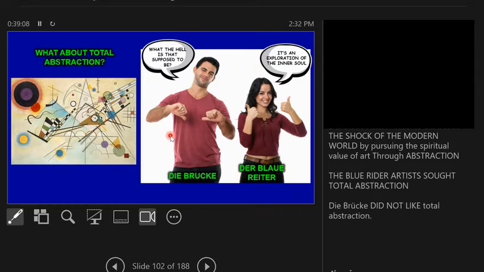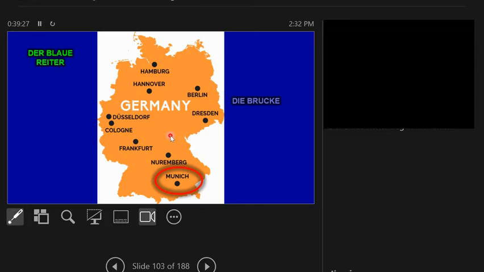But the Blue Rider wants to talk about the spirit of the soul. Well, that's intangible. You can't touch your soul. You can't touch your spirit. So they're moving beyond, so they're talking about abstract things. They're going to make abstract art. So the Blue Rider is working mostly in Munich, and Die Brücke is working in Berlin and Dresden.